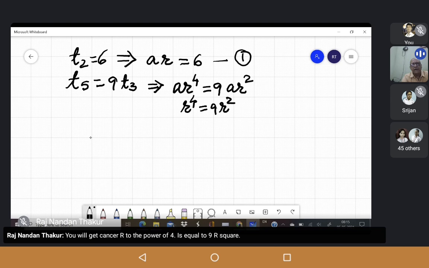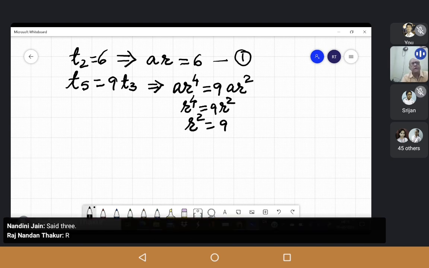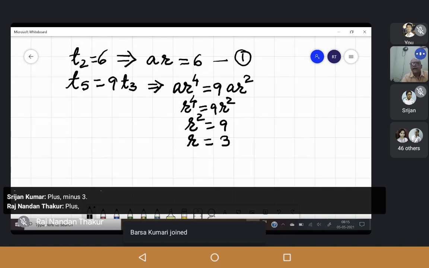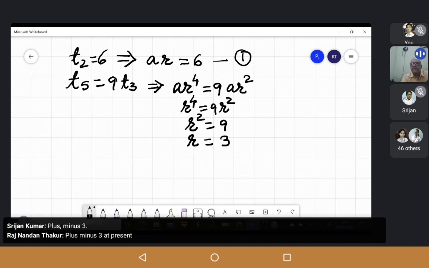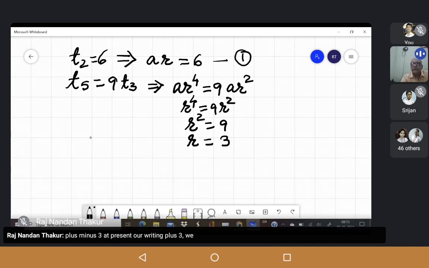Divide by R square, you get R square is equal to 9. So R is equal to plus minus 3. At present I am writing plus 3. We will check with minus 3 also, no problem.